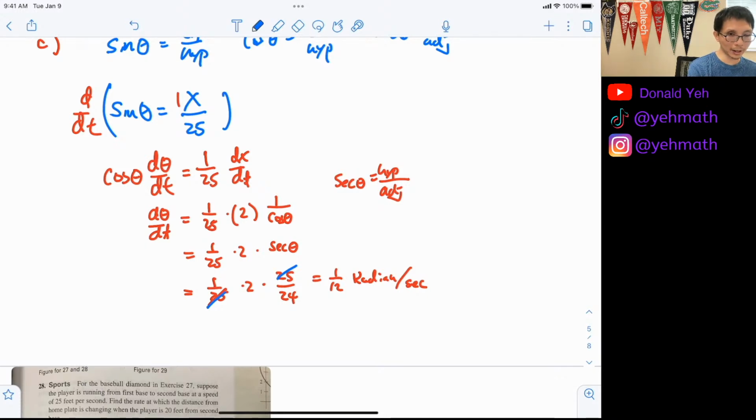You might want to write this down: 1 radian equals 57.3 degrees. Why? Because that just means 180 divided by pi, where pi is 3.14. So that is the degrees that 1 radian is equal to.